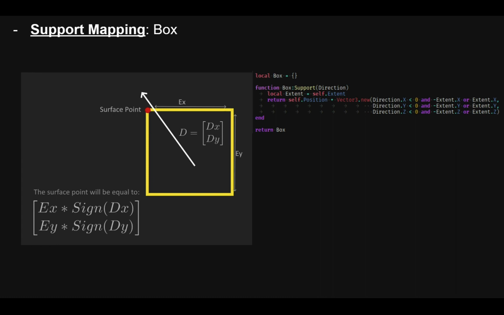In the bottom left, you can see the parametric equation, and then you pointed to the code.